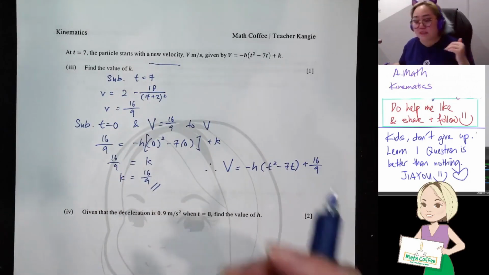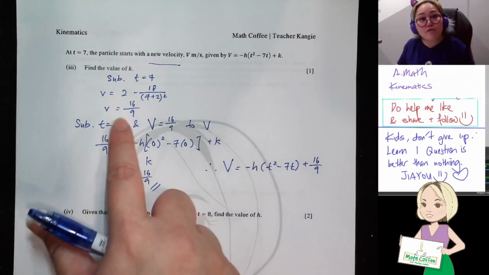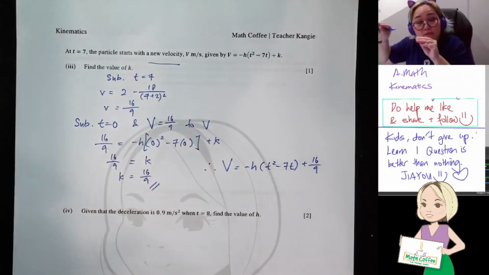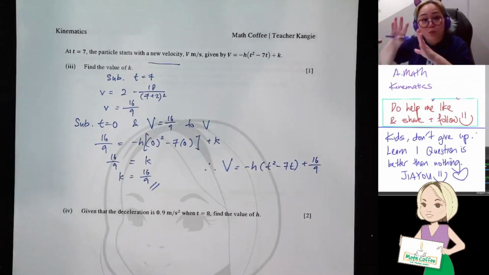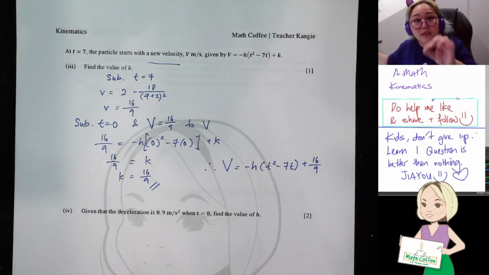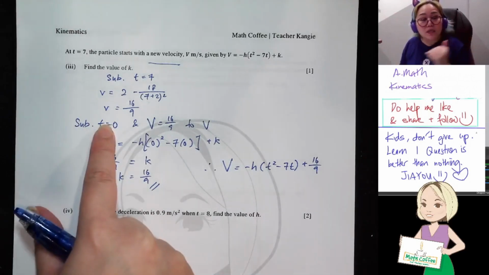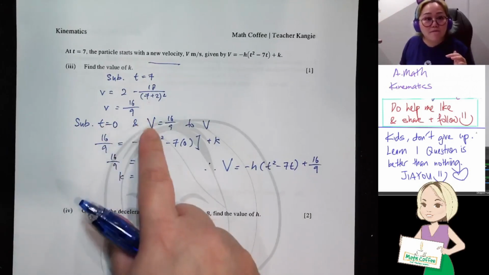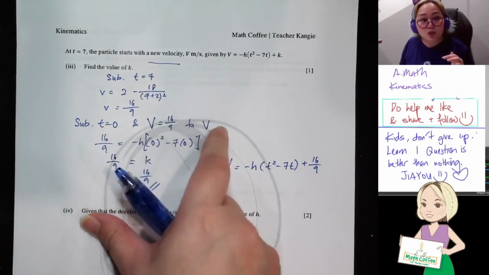I use the old v, find the velocity first, and then after that, it changed to another V, right? But in reference to the new V, it is t equals 0, because it is a new velocity. That's why I sub t equals 0, V equals 16 over 9 into the new V to find the k.